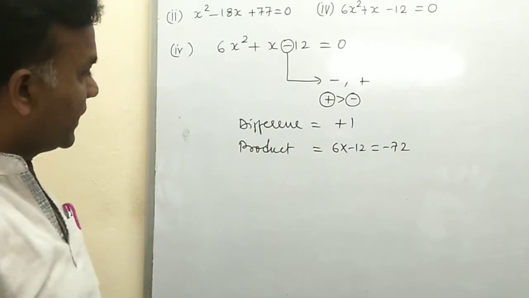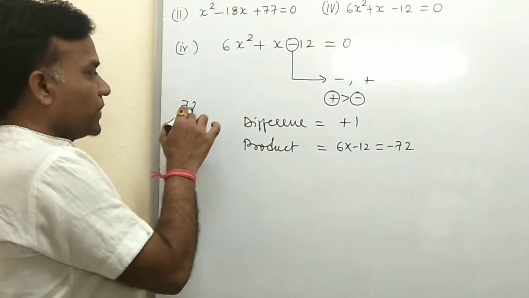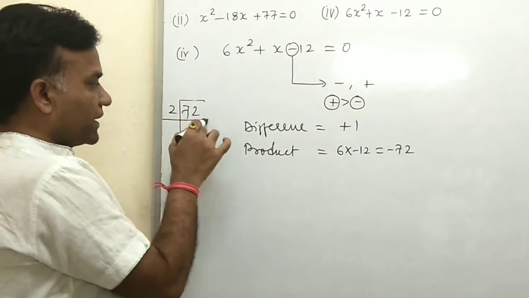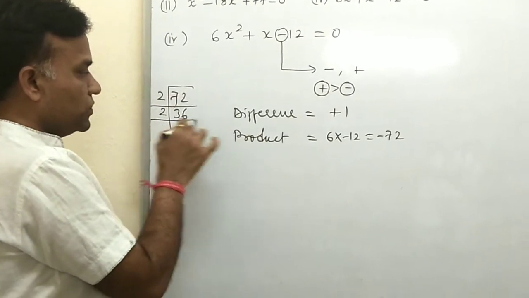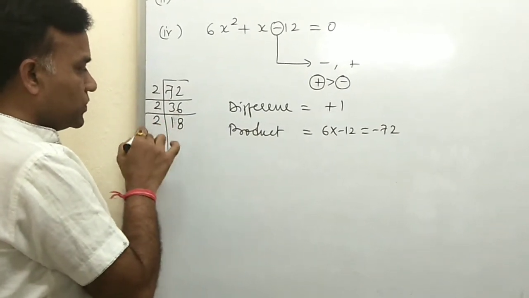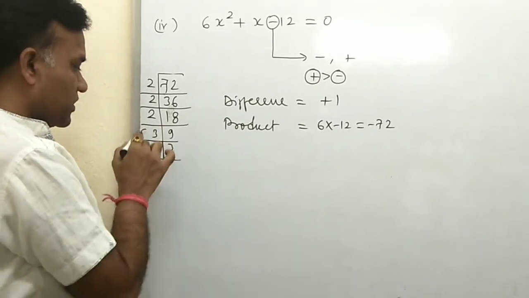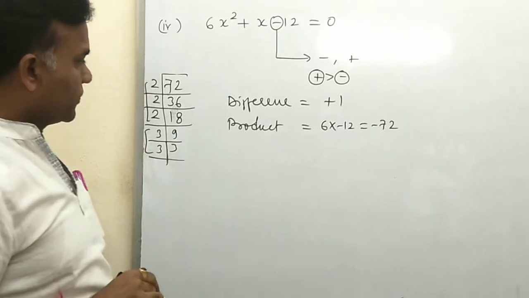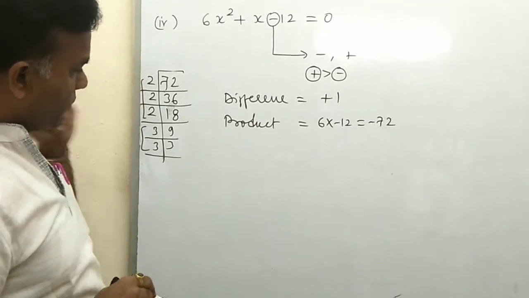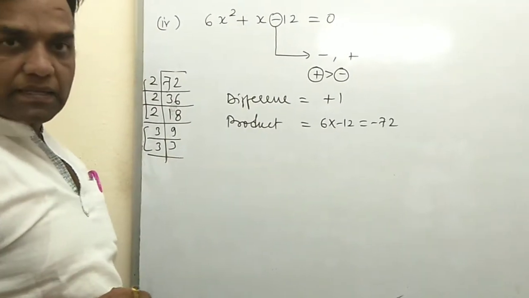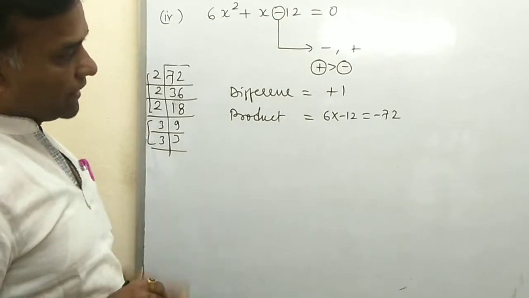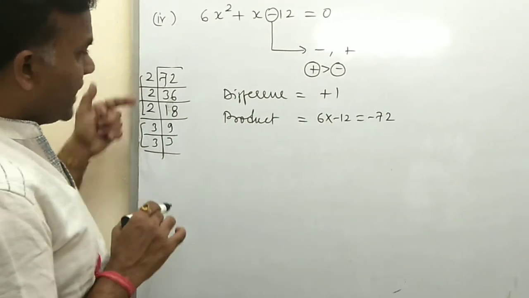Now I think we know 72. First you find the factors, 36, 2 18s are, 2 9s are, 3 3 3. So 3 3s are 9 and 2 4s, 4 2s are 4, 4 2s are 8. 9 8s are 72. 9 is the greater number and 8 is the smaller one.